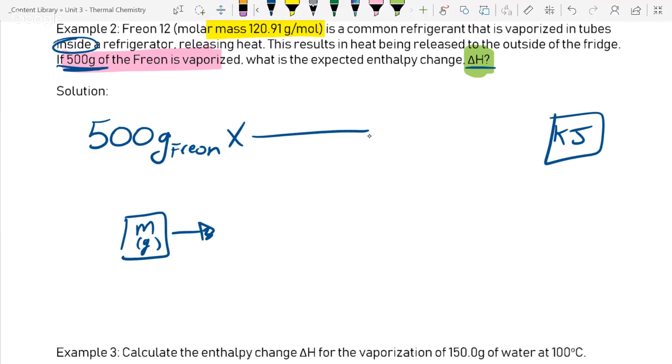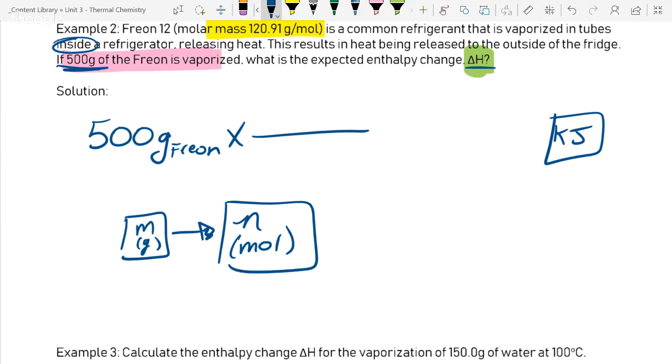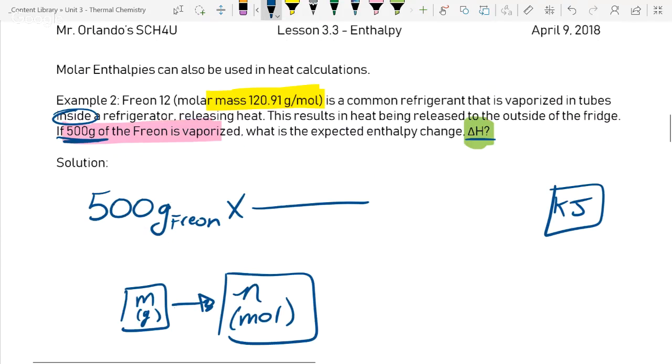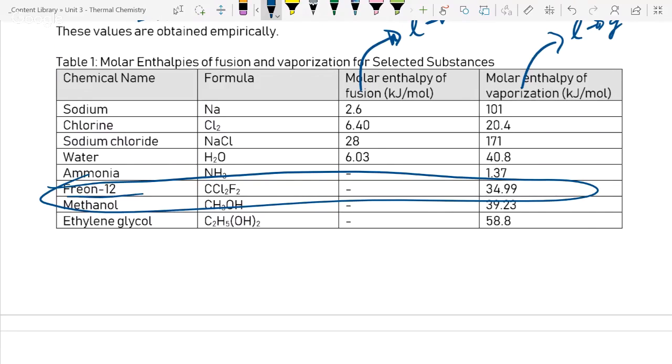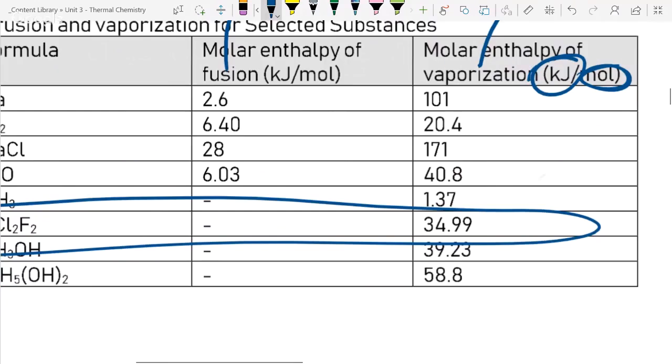What letter do we use to talk about how many moles we have? N, very good. So we're going to figure out how many moles of Freon we have. And then once we know how many moles of Freon we have, we can go look at this chart. And this chart will tell us that for every mole, we release this many kilojoules. Does that make sense?